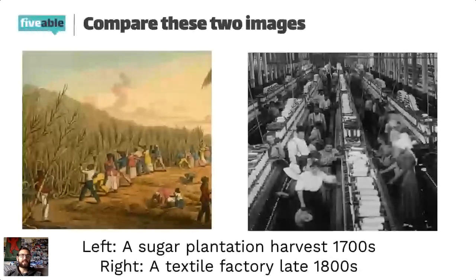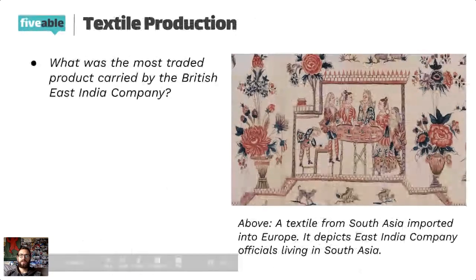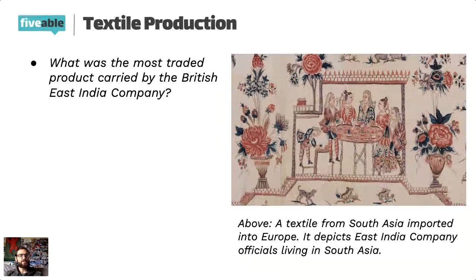Cool. Let's talk really quick about textile production. Quick quiz question. The British East India Company traded a lot of things, but what was the most valuable thing they traded by sheer volume of what it was worth and how much it was traded?